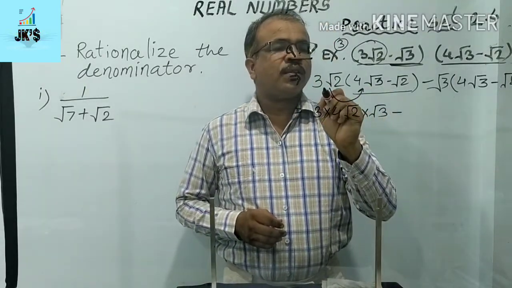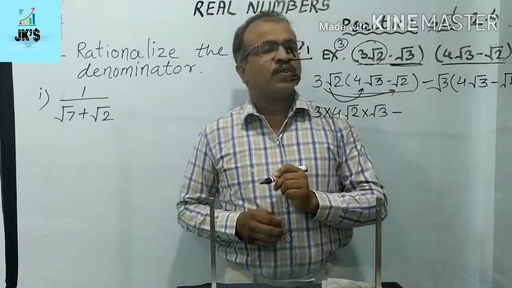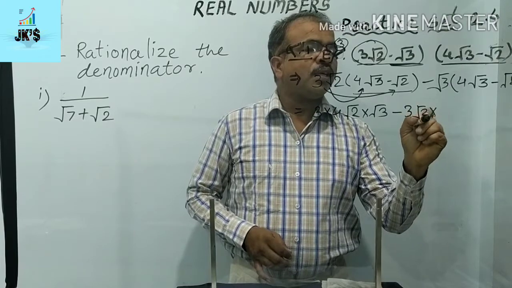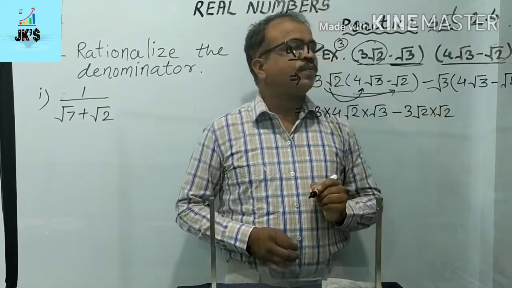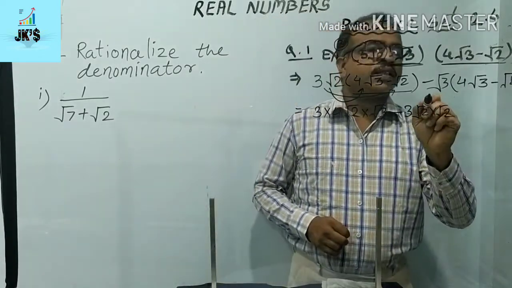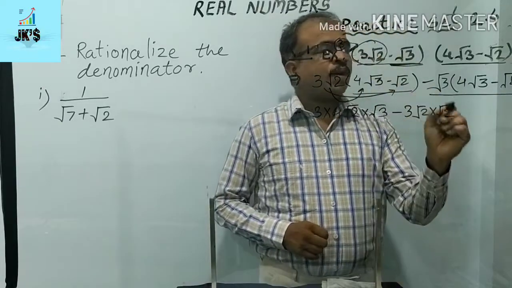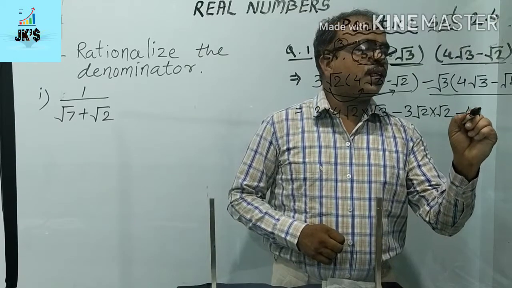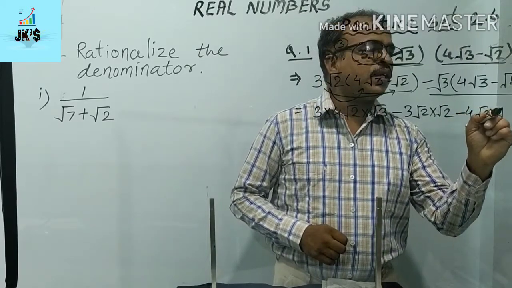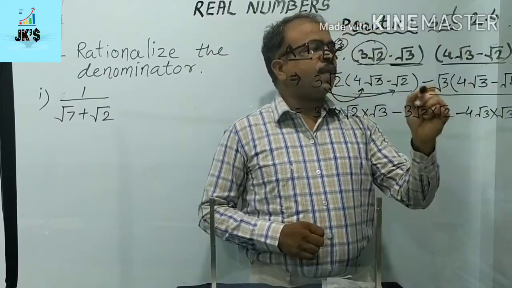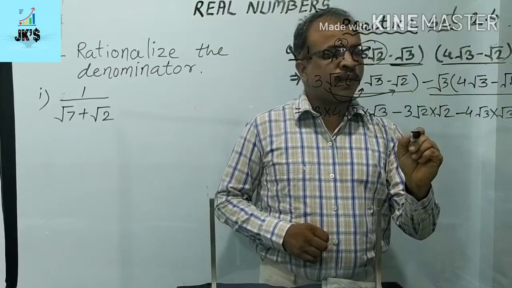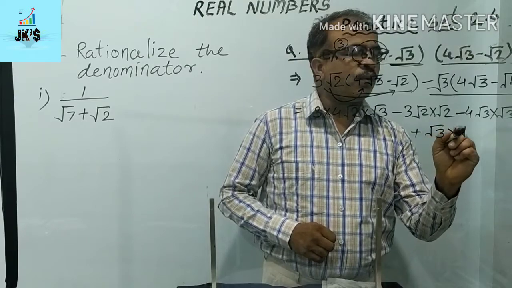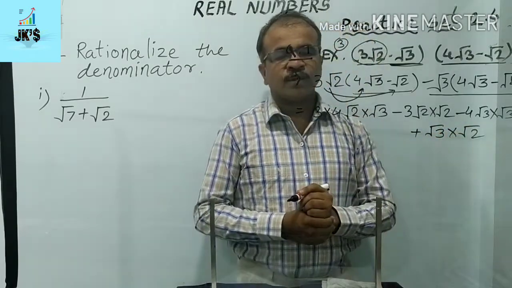Now multiply the second term: 3√2 into √2. Now go for the second: minus into plus is minus, 4√3 into √3, and the remaining minus into minus is plus, that is √3 into √2.